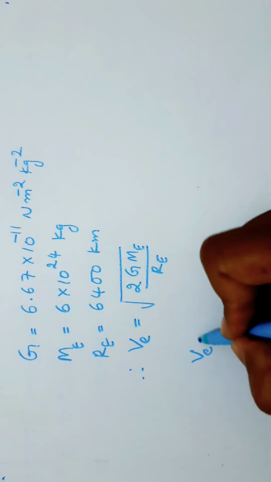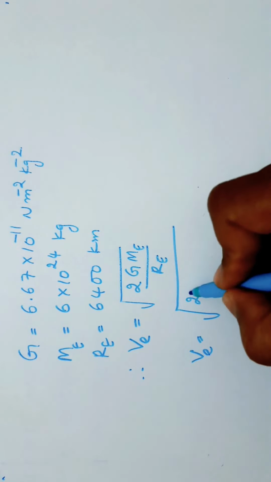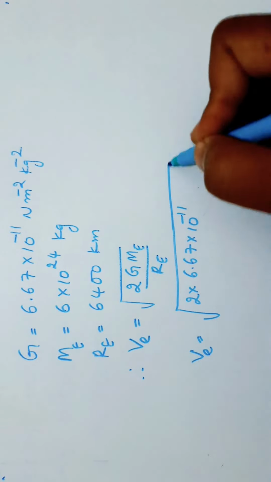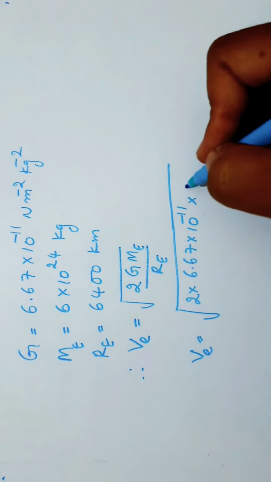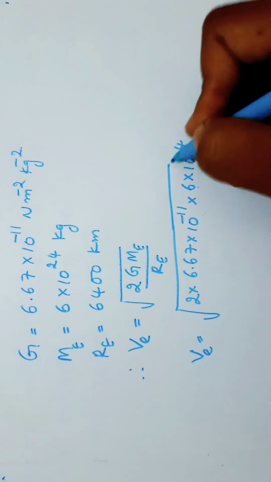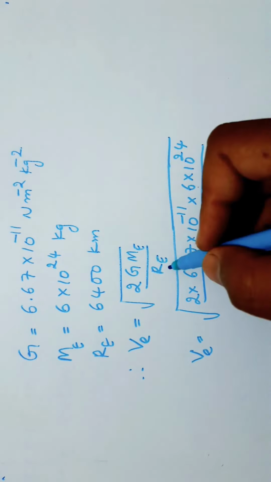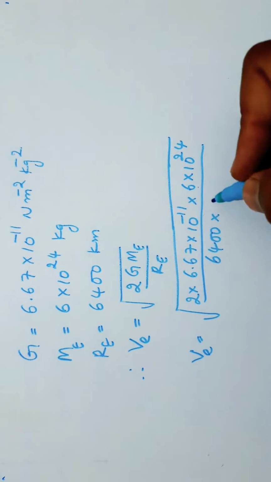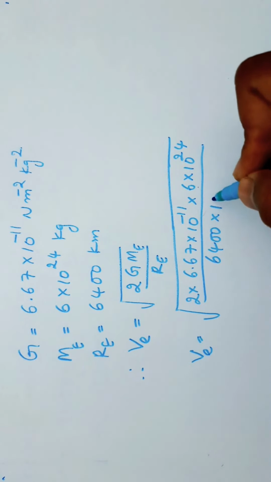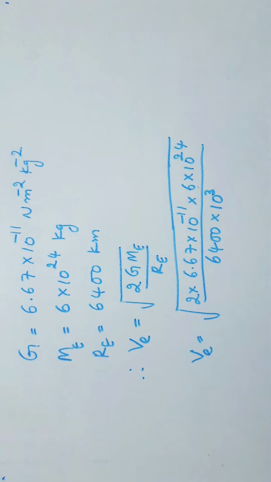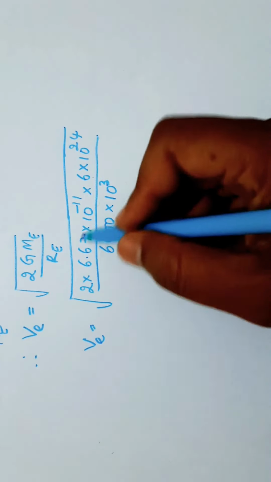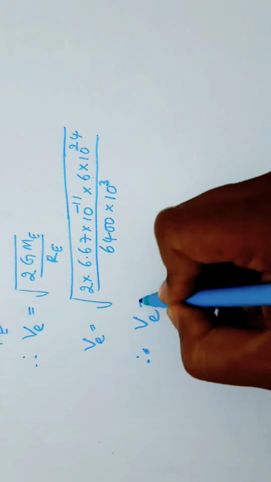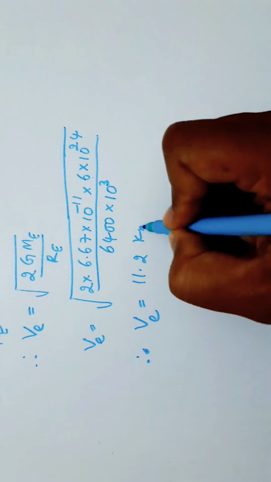So here V is equal to square root of 2 into, here G is equal to 6.67 into 10 to the power of minus 11, into mass is 6 into 10 to the power of 24 by, here Re is what? 6400 into, here kilometer, convert it to meters, so that is 10 cube. So if we simplify this, we can get, therefore V is equal to 11.2 kilometer per second.